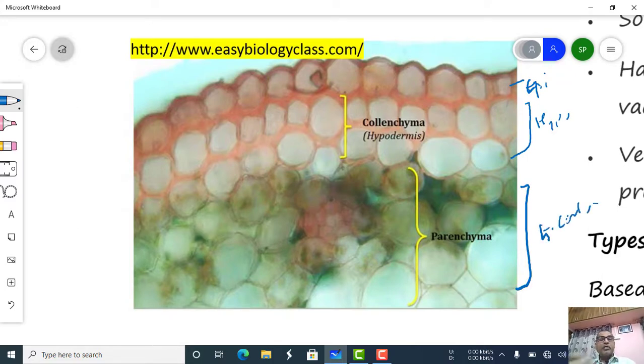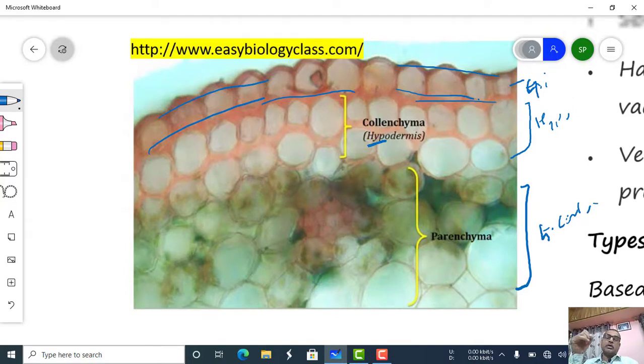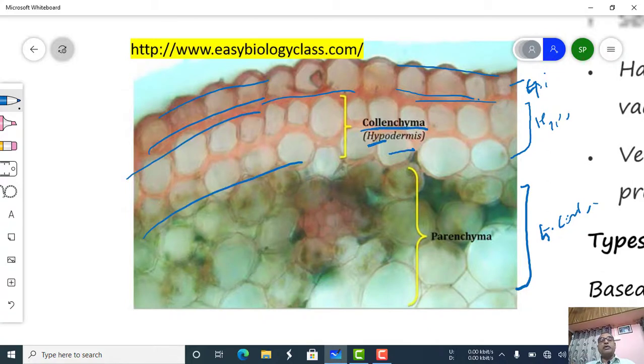In the dicot stem, the epidermis is a protective layer, and it is followed by the hypodermis. Hypo means below and derma means skin. So the tissue present below the epidermis is the hypodermis, and this hypodermal zone is formed by collenchyma cells.